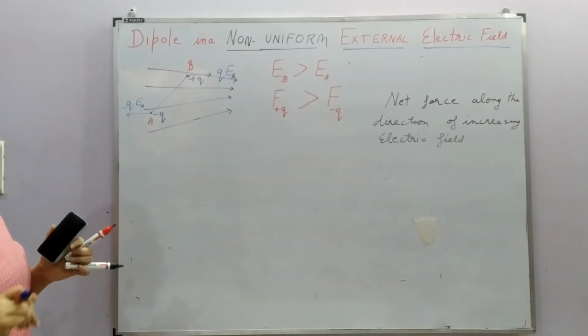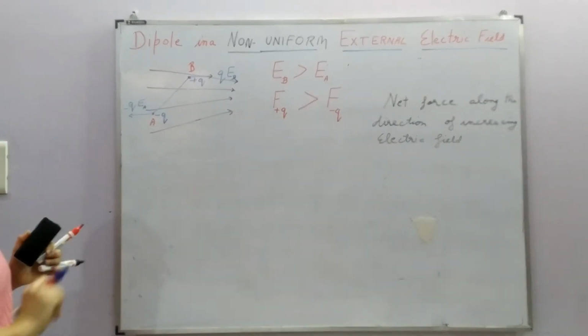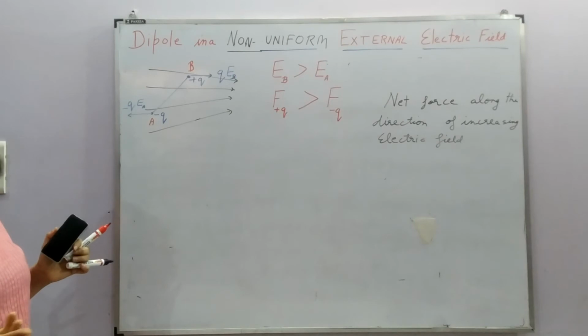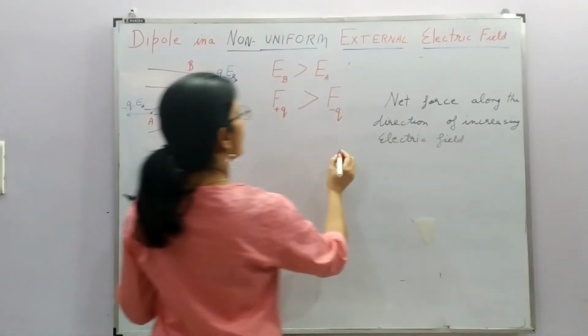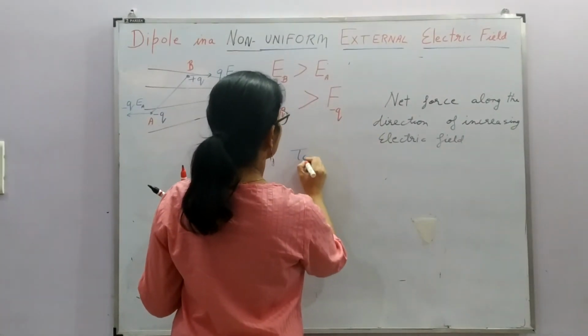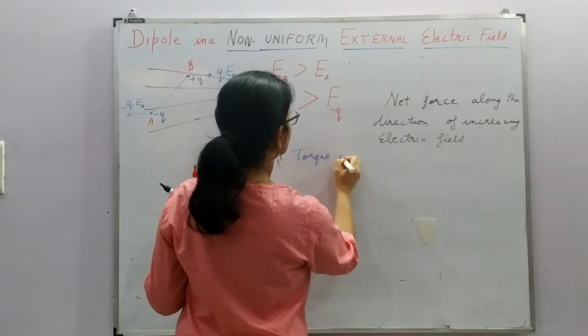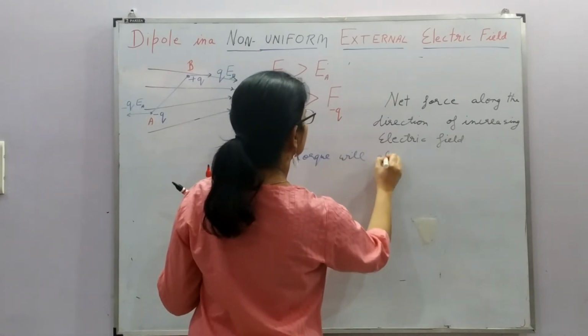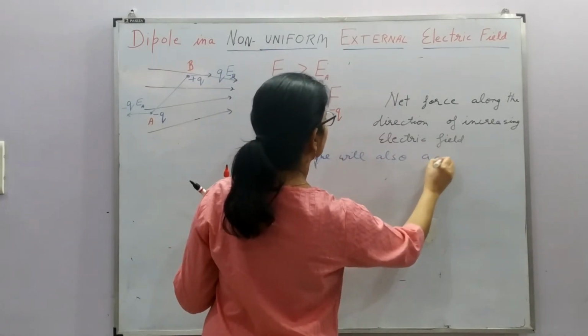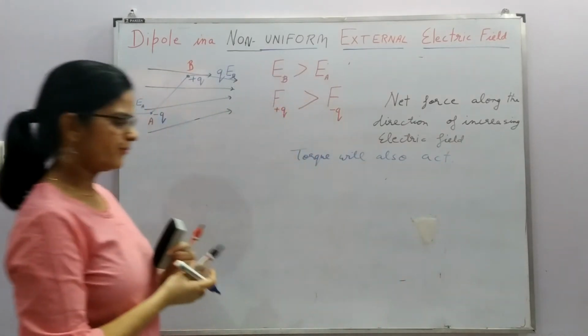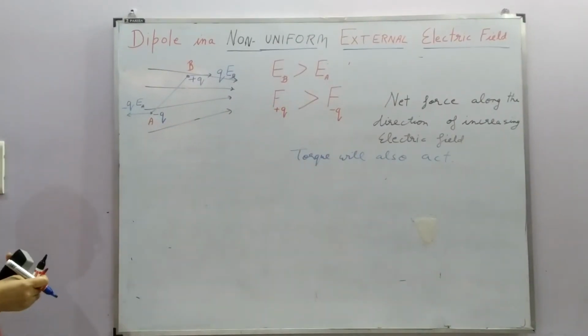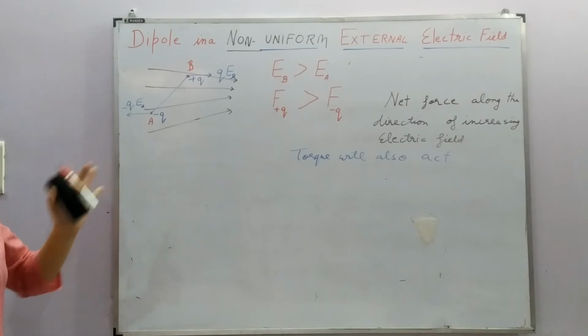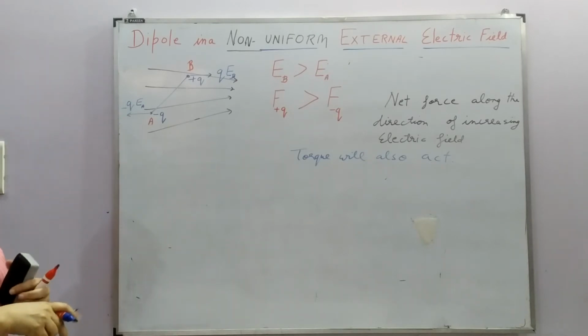There is some net force acting on this, and in this orientation there will be some torque also acting on this. So torque will also act, right, and depending on the orientation with respect to the external electric field, the torque may vary at different points.